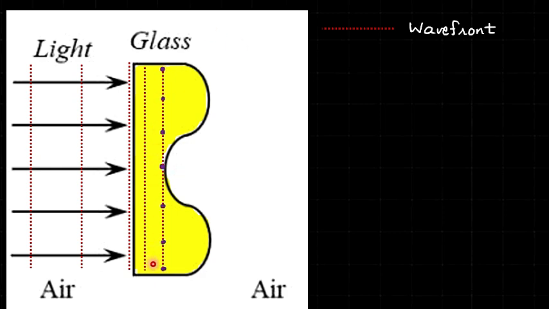So these points. And let's see how much time the rays from this point will take to come out of the slab. Clearly this point has to travel the greatest distance inside the glass, and this point is immediately going to get out of the glass, and these 2 points and these 2 points will have to travel an intermediate distance compared to this and this.